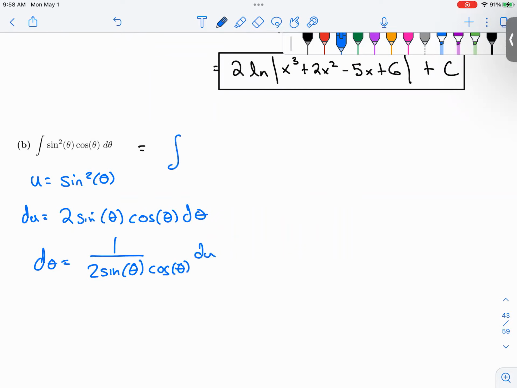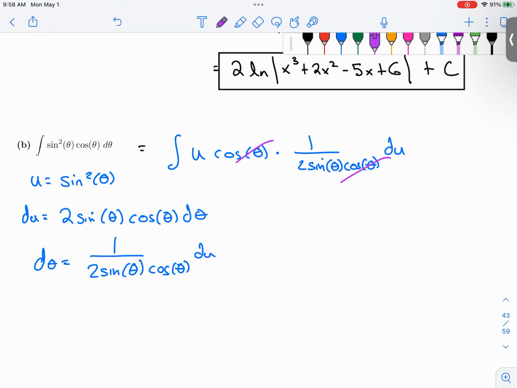So you get the integral of u, because u is sine squared, just u by itself, and then times cosine theta, and then times 1 over 2 sine theta cosine theta du. And luckily for us, the cosine thetas cancel, but now we have a 2 sine theta in the denominator that won't go away.